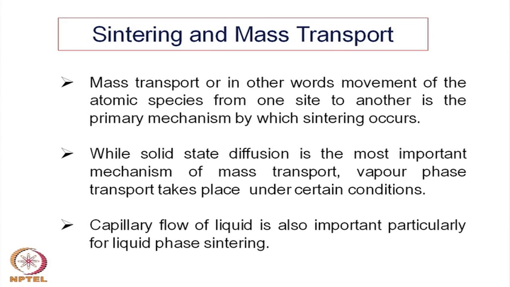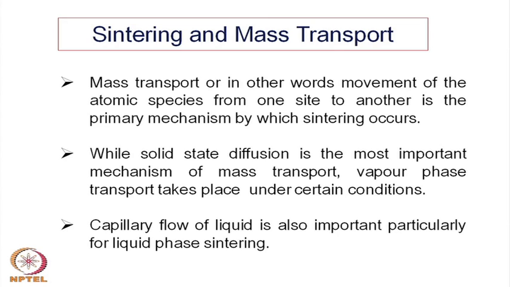Vapor phase transport can also take place. That means the material is getting transported from one site to another through a vapor phase. Okay. Diffusion, of course, as we mentioned, is one of the most common and important mechanisms of mass transport, where atom by atom movement is taking place in the crystallographic structure or the assembly of atoms.